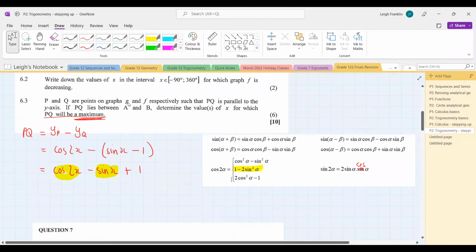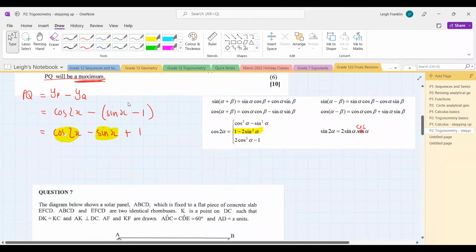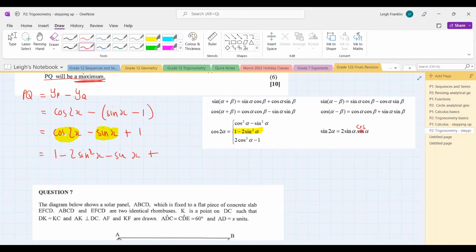So in my next step, I am going to rewrite cos 2x as 1 minus 2 sine squared x, minus sine x plus 1. I'm just going to collect my like terms together, and this gives me minus 2 sine squared x minus sine x plus 2.